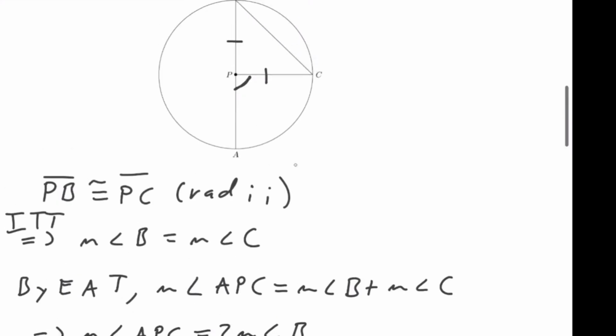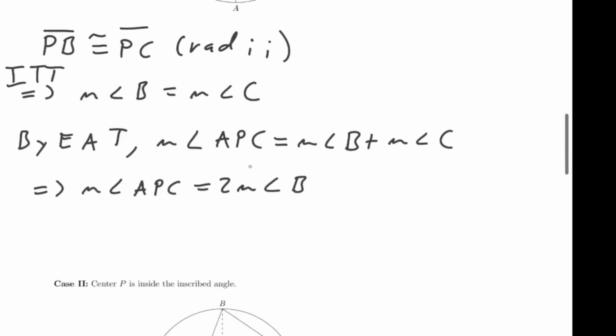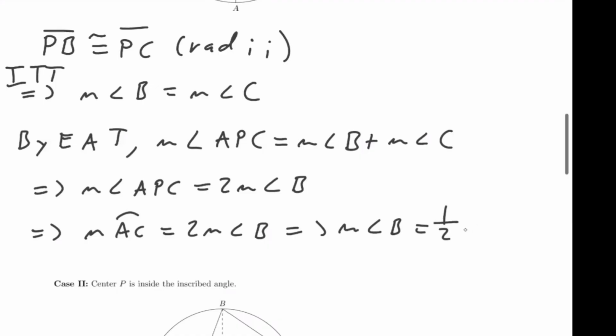Remember, since APC is a central angle, the measure of angle APC is equal to the measure of arc AC. So the measure of arc AC is equal to 2 times the measure of angle B. If we divide both sides by 2, the measure of angle B is equal to half the measure of arc AC, which is what we wanted to show.